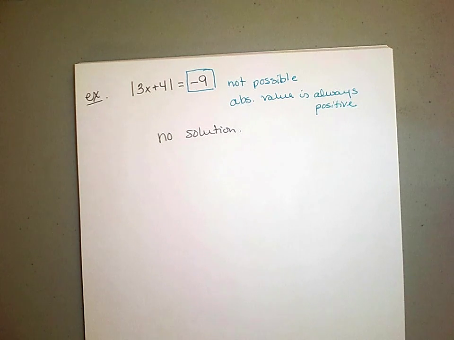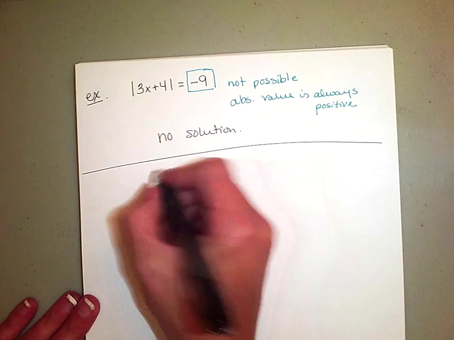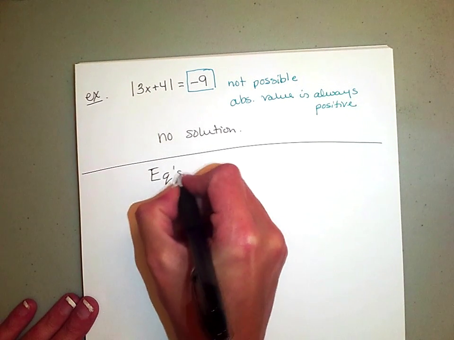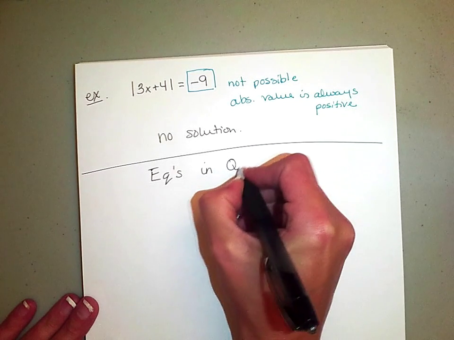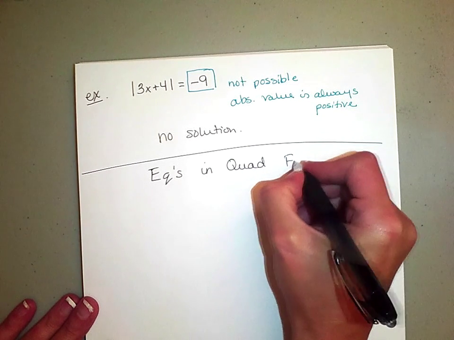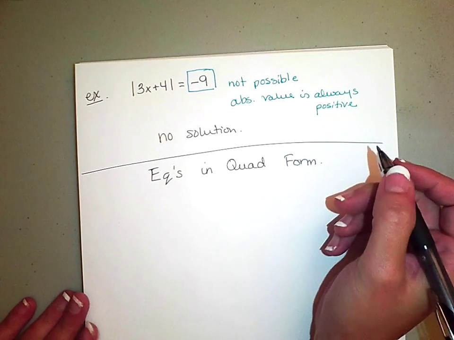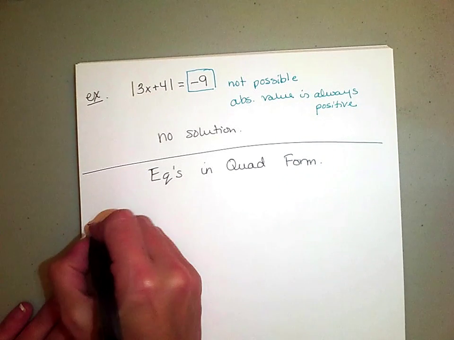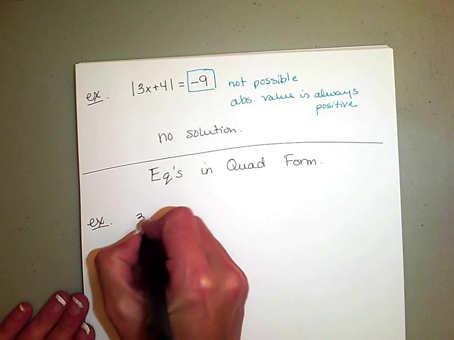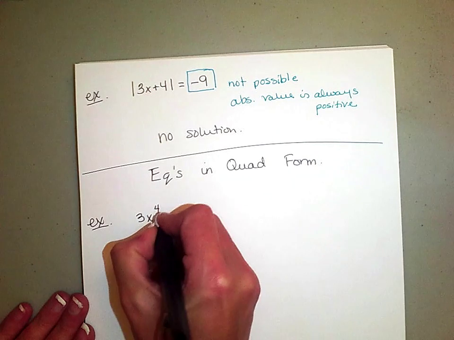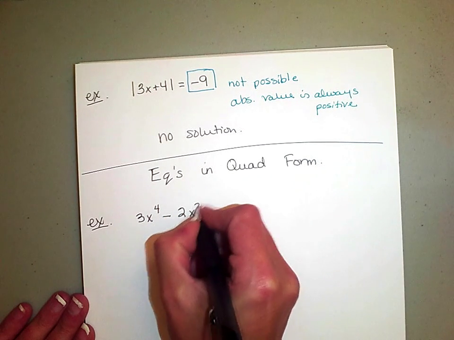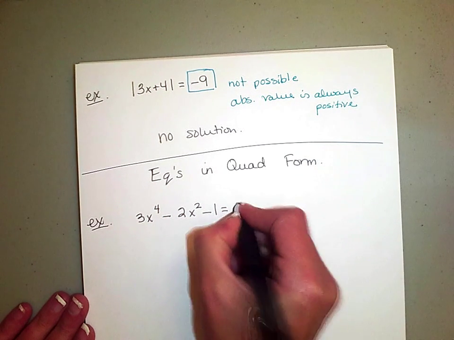Okay. Now, there are also equations that come in quadratic form. So for example, we have 3x to the 4th minus 2x squared minus 1 equals 0.